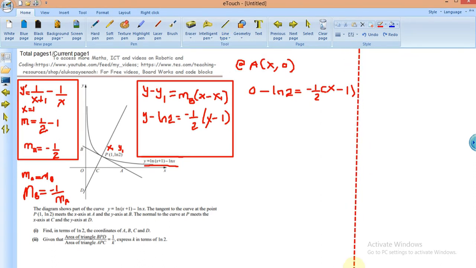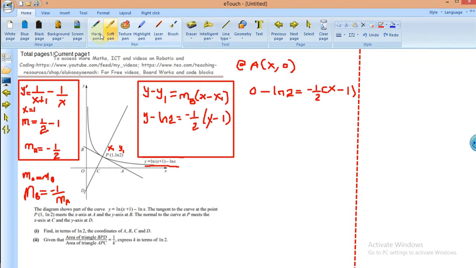Since I want x as subject, I can put that on the left hand side. So x minus 1 equals, dividing this by half, half ln 2, because the negatives cancel.